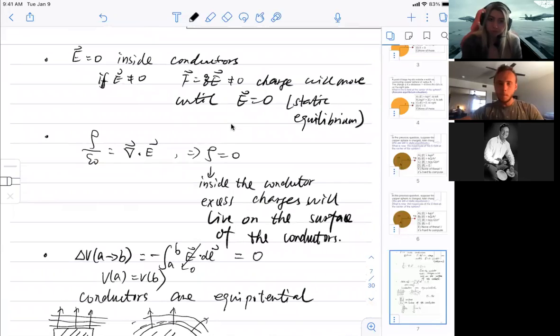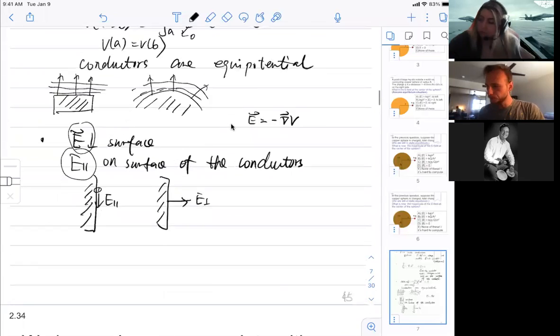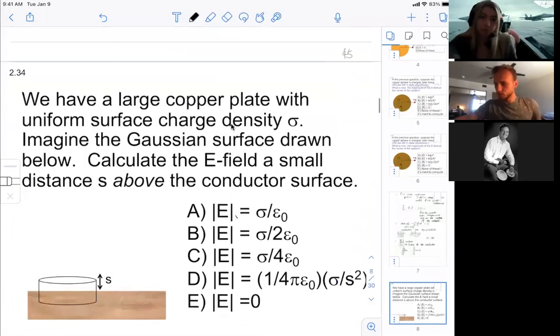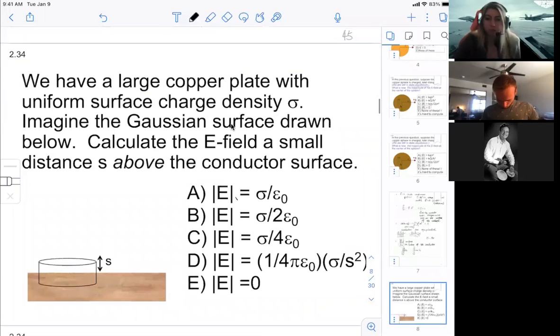E is 0 inside conductors, and don't be confused by some extra information. Now, conducting surfaces are going to give us some interesting results. So for example, we have a large copper plate with uniform charge density sigma. And imagine we draw the Gaussian surface like this.